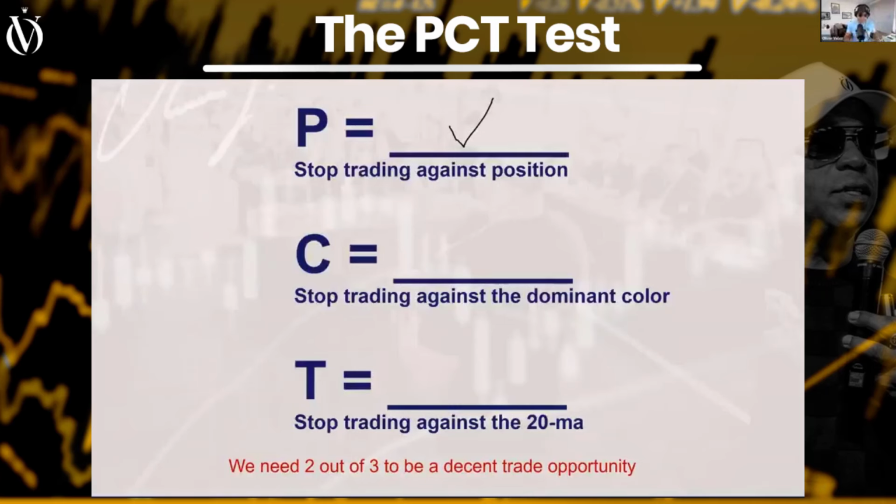That would be color against me. And if the 20 is declining, you would put another X in the box. So now this is a 2X trade out of 3. This is a bad trade, bad setup, bad odds.